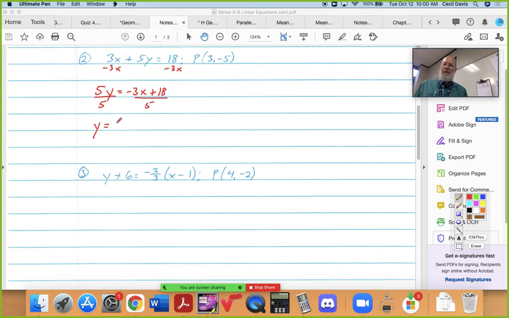That'll give us y is equal to -3/5 x plus, and don't freak out about this, 5 doesn't go into 18 evenly. Don't care. Why not? Because the y-intercept has nothing to do with this problem. All we care about is the slope. What is the slope of this line? -3/5.